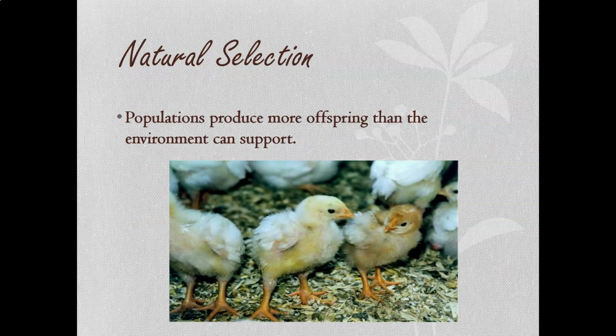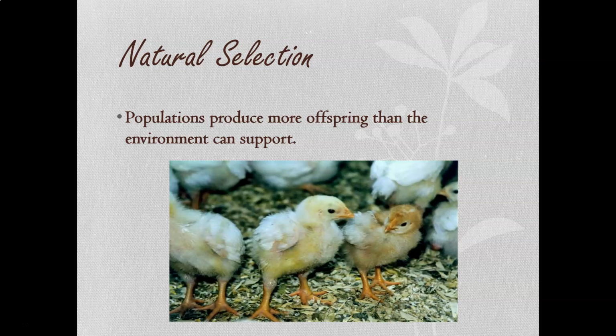So we go back to some of those major principles of evolution and natural selection. And because it's driven by reproduction, I need that population to produce more offspring than my environment can support. If everybody has equal access to resources because it's a low population size, then nobody's competing for anything.